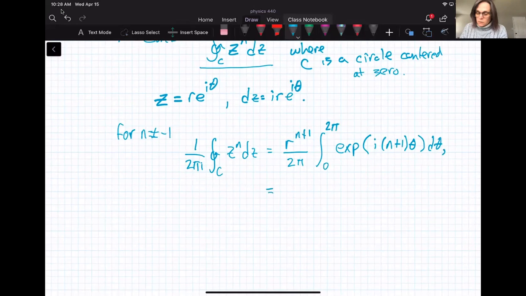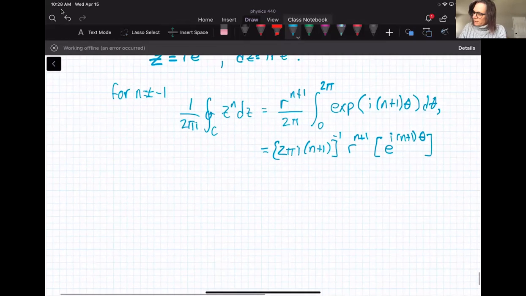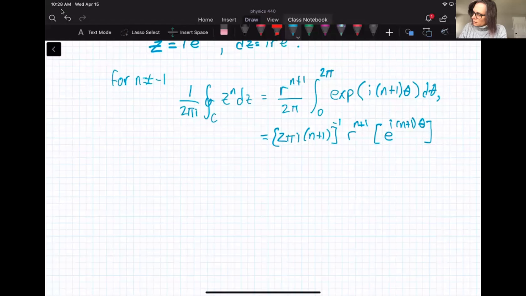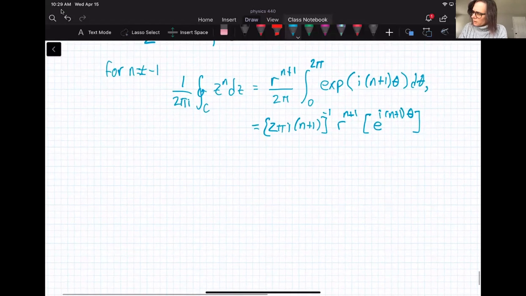So this is equal to 2 pi i (n plus 1) all to the -1 times r to the n plus 1 times e to the i(n plus 1) theta evaluated from 0 to 2 pi.